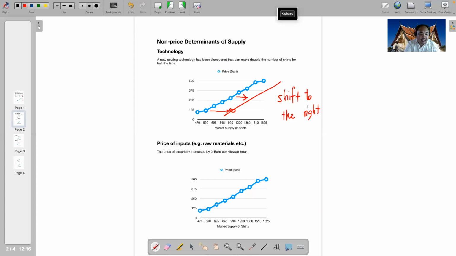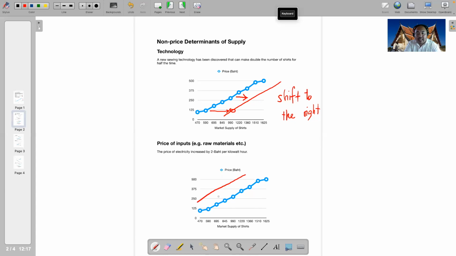For example, supposing of course our shirt production is dependent on electricity because our sewing machines are electric. Now, supposing that the price of electricity increased by 2 baht per kilowatt hour. That is dire because then that will make the cost of production higher. So what happens? There will be less shirts in the market.